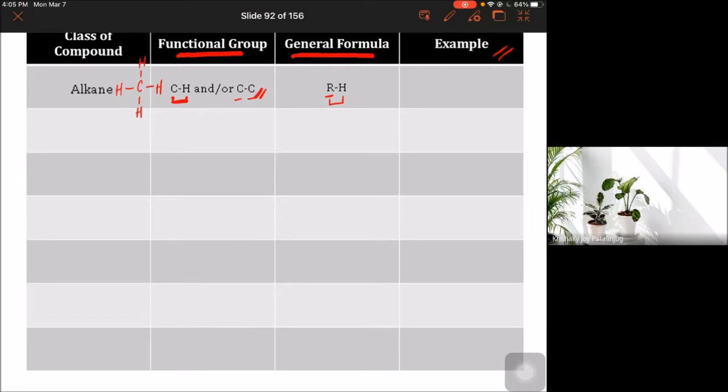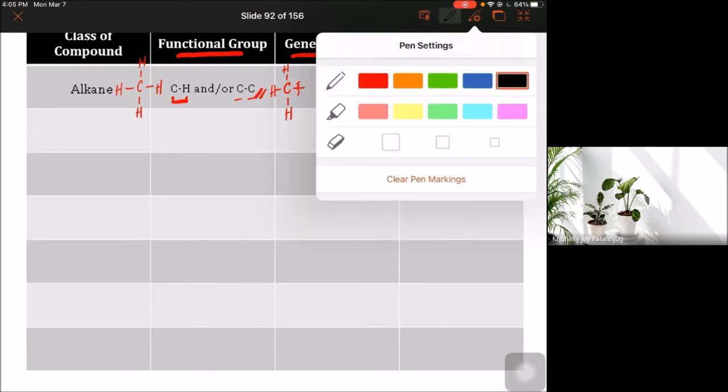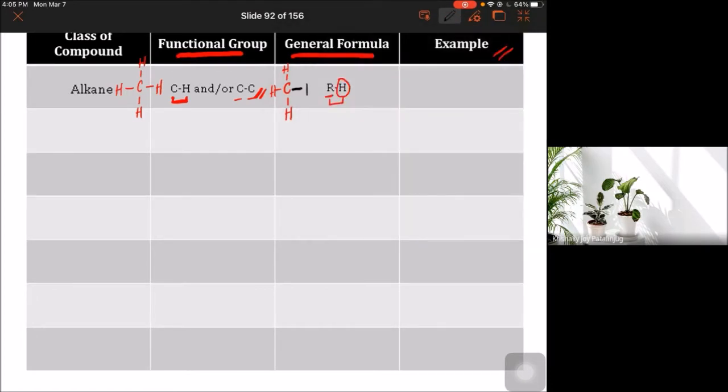Okay? So for example, the R group is methyl. Methyl is CH3, right? So CH3, this is the point of attachment. Now, if we add a hydrogen here, in order to form the stable formula for an alkane, then you can simply add the hydrogen based on the general formula of an alkane.